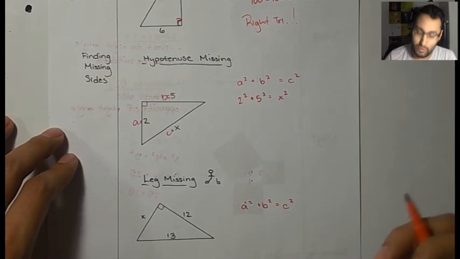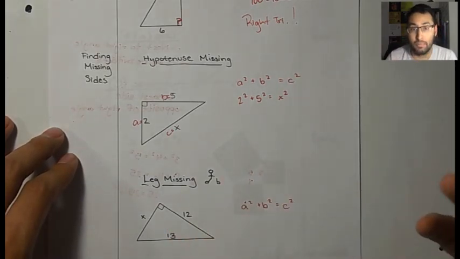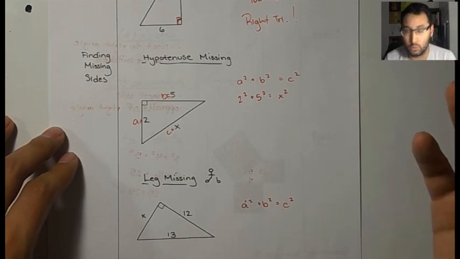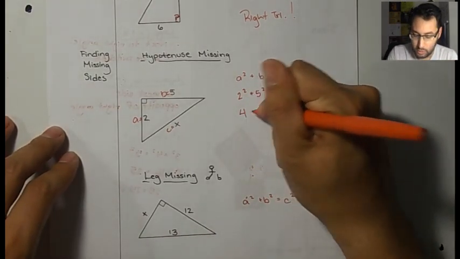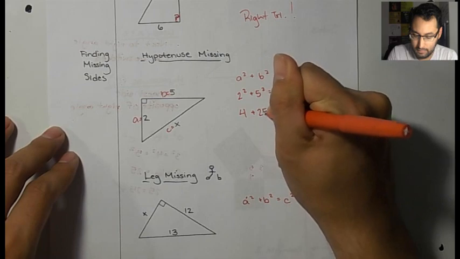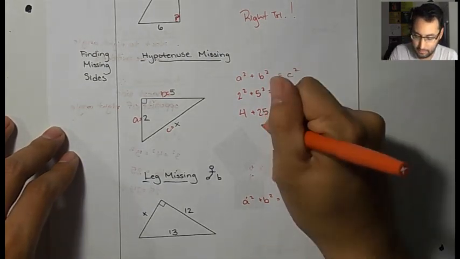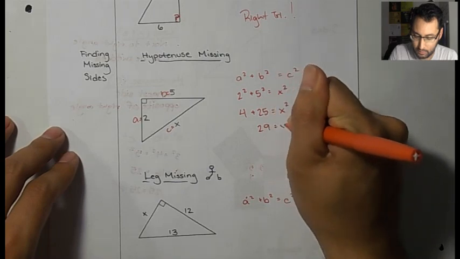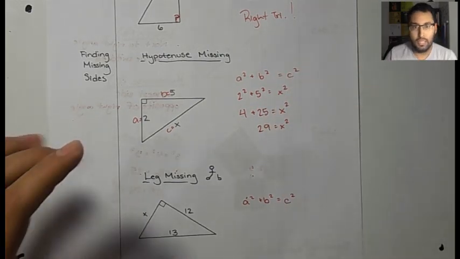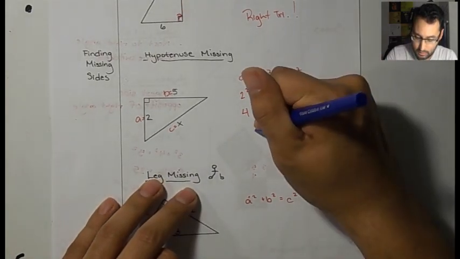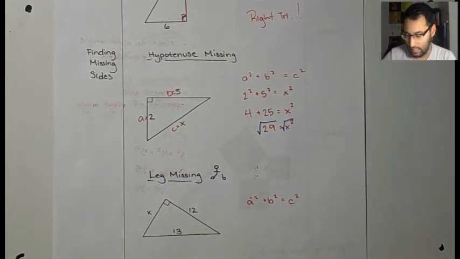How I'm going to figure out what the value of x is, I have to simplify and solve for x. We've done this when solving squared equations. So 2 squared is 4, 5 squared is 25, x squared is just x squared. If I add up the left side, that'll be 29 equal to x squared. Now, I don't have x solved for, so we have to square root both sides.